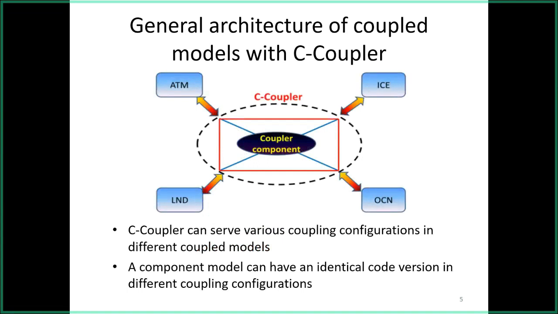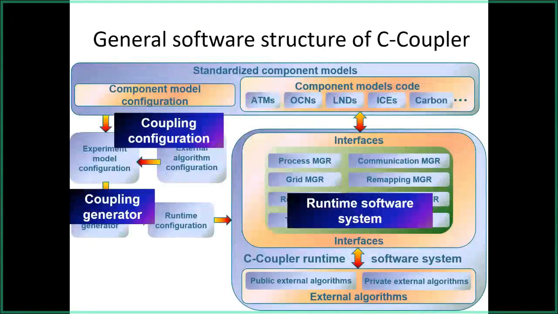This slide shows the general architecture of the coupled models with C coupler. It has two key ideas. First, C coupler can serve various coupling configurations in different coupled models, and a component model can have an identical code version in different coupling configurations. Motivated by this general architecture, we designed the general software structure of C coupler.